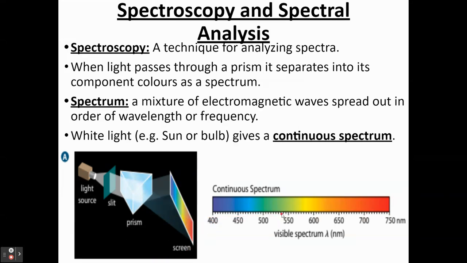Scientists study light using a technique called spectroscopy. One of the main foundations of spectroscopy is that we take a white light source or a light source of some sort, and we put it through a prism, and you can separate the light into its colors. And so here we can see what's called a continuous spectrum.